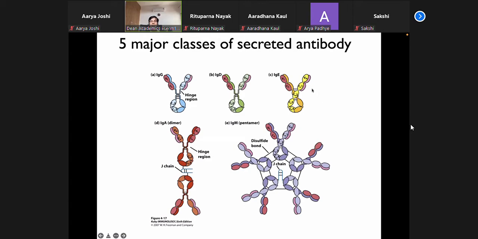These are all those five types of antibodies, five major classes. We call them classes of antibodies, or in other words, isotype, right?